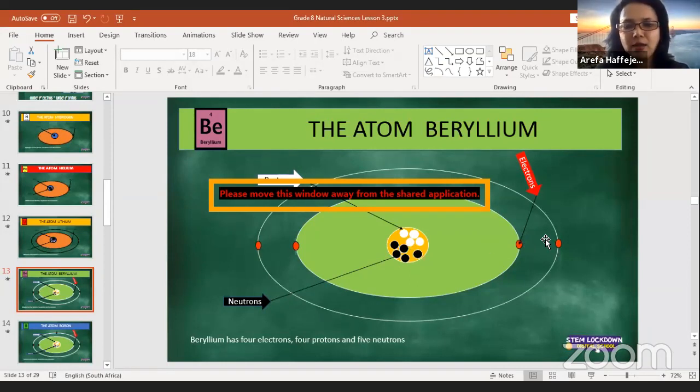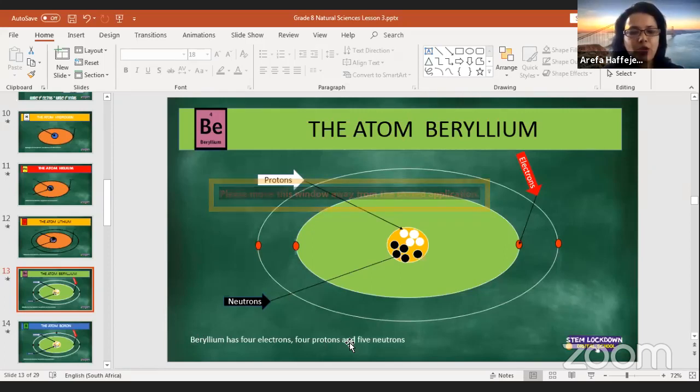So you have 1, 2, 3, 4 electrons. So in beryllium it has 4 electrons, 4 protons, and 5 neutrons. So the neutrons are a little bit extra because it softens the repulsion between the protons.